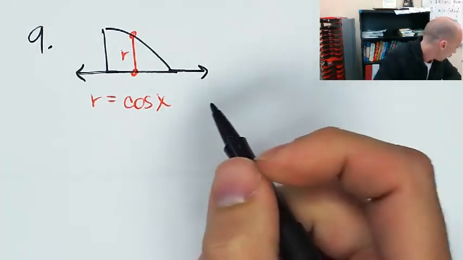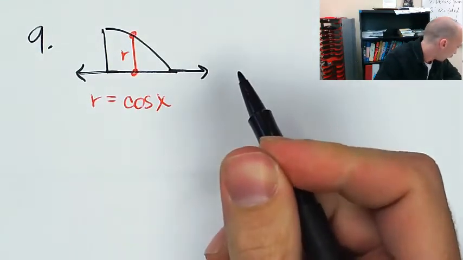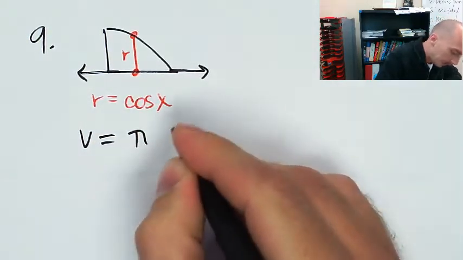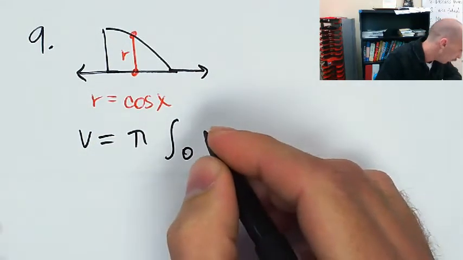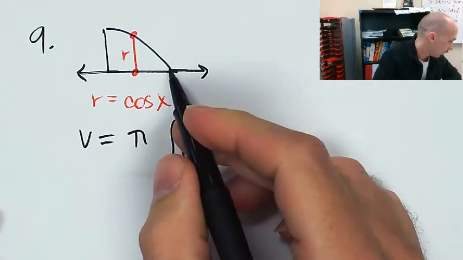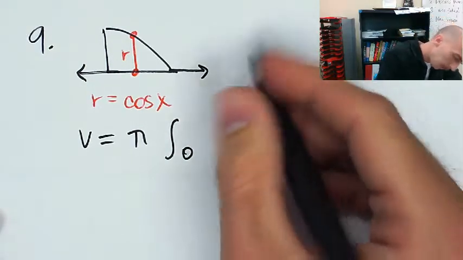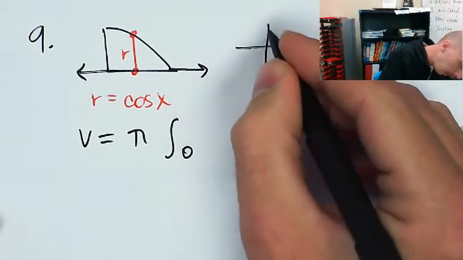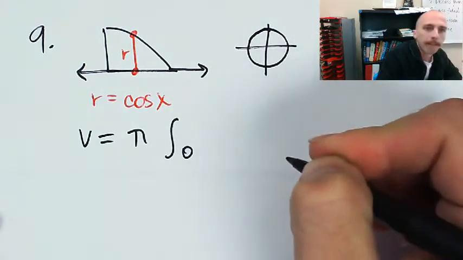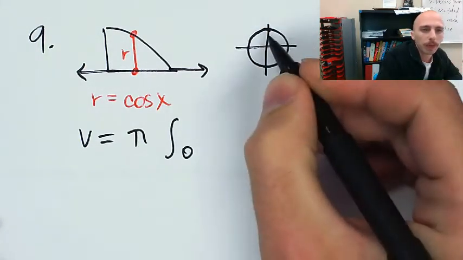Okay, and then I'll have volume equals pi times the integral from 0 to the place where cosine x equals 0, right? Because it's where it hits the x-axis. And you need to know where that happens. So we're going to go over here and kind of consult with our unit circle. And we're going to say, where is cosine equal to 0?